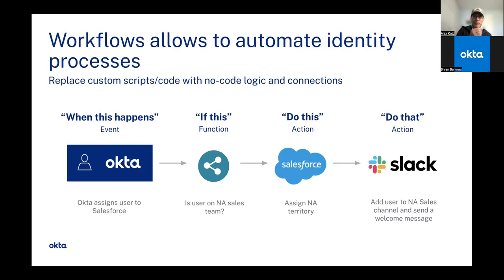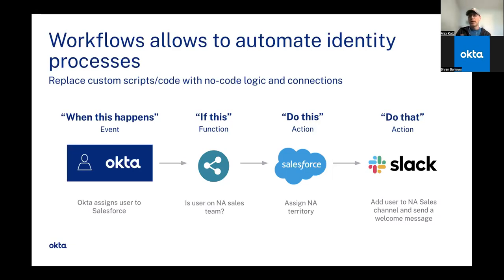So for example, what you see here, just a high level example. Usually a workflow starts when something happens, so an event occurs. In this case, a user is assigned to Salesforce, right? And as I said, you can run any number of logic steps, like do this, step 1, step 2, and step 3. So in this case, we're checking, hey, is this person on the North America sales team?